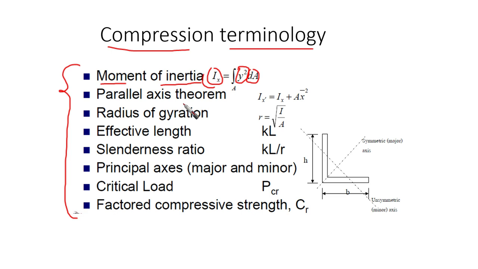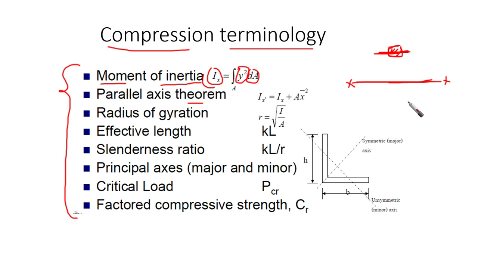Parallel axis theorem: whenever we have a neutral axis and some area here, we take the moment of inertia around this axis, and then we use the parallel axis theorem in order to calculate the moment of inertia around this axis of the whole composite section, for example.